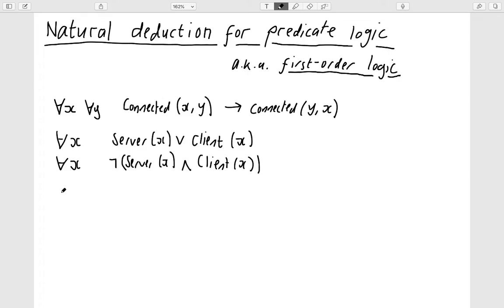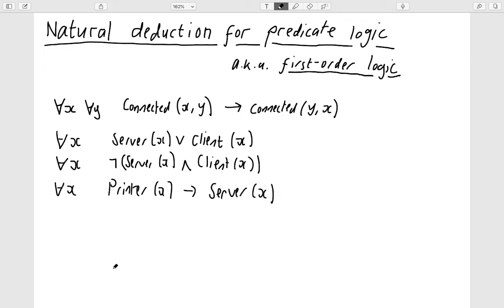And we might have some specific kinds of servers, for example, printers. So for all X, if X is a printer, then X is a server.